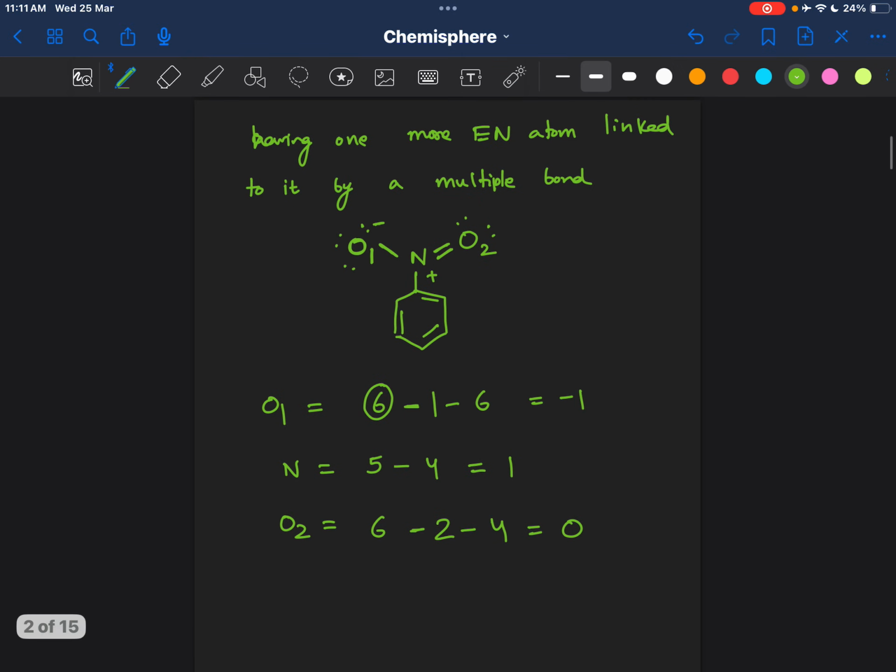So if we draw the resonance structure, with oxygen pulling those electrons towards itself and those electrons being pulled by N, the resonance structure shows something like this: double bond N, single bond O, with a negative charge, and there is a positive charge here.